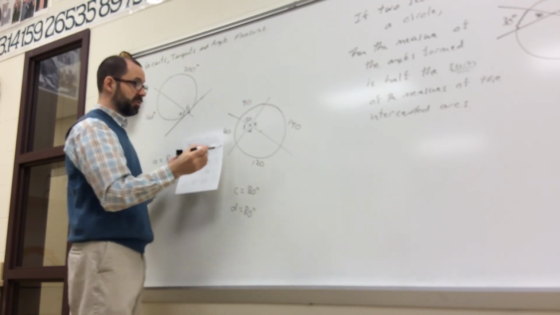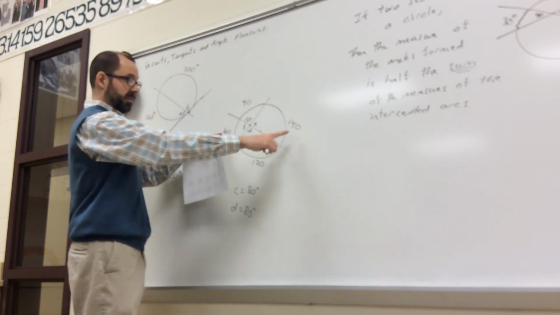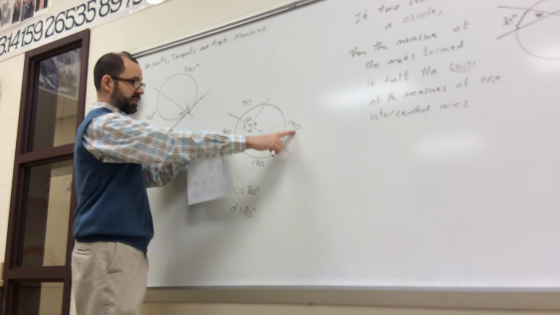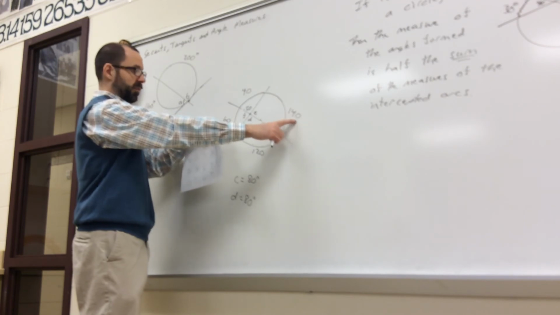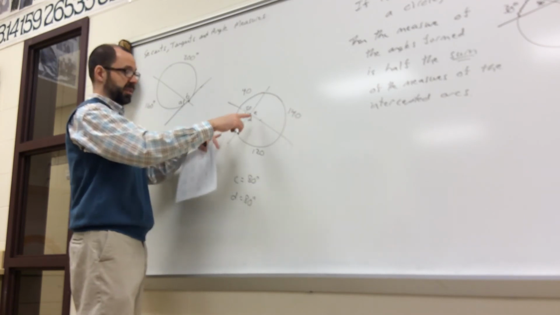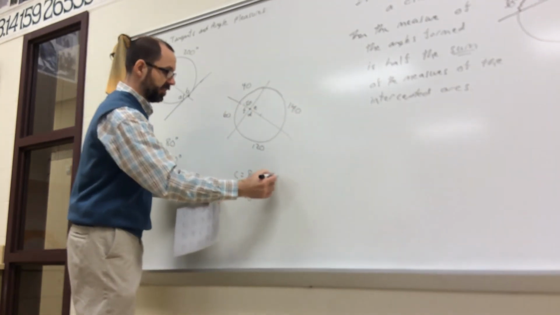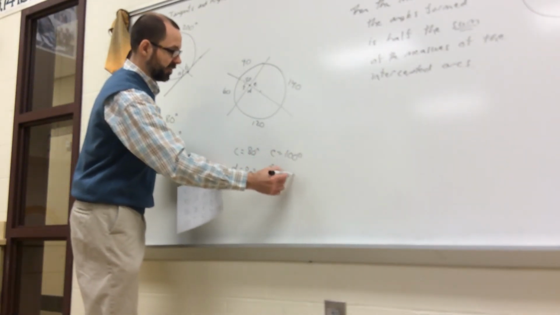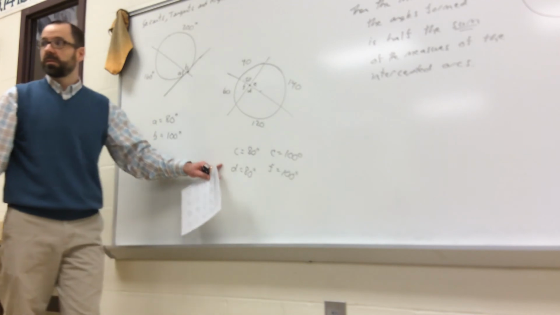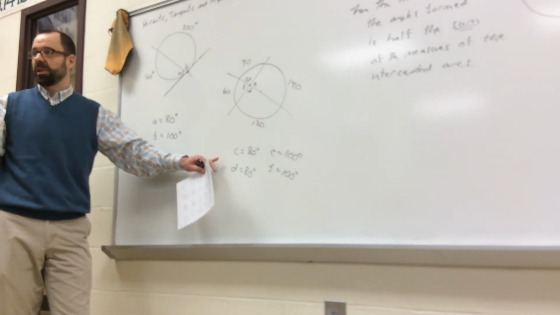Or you could use the new information and do 140 plus 60, which is 200, and then divide by 2 and get 100 that way also. So at any rate, E is 100, two different ways, and F is 100 because it's vertical with E. Everybody doing okay?